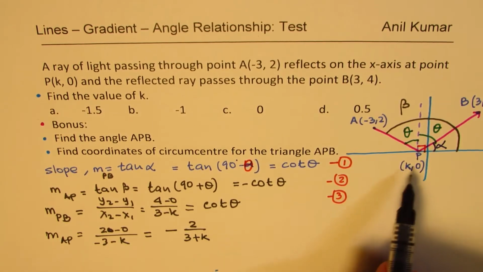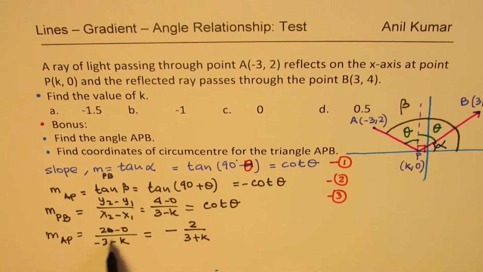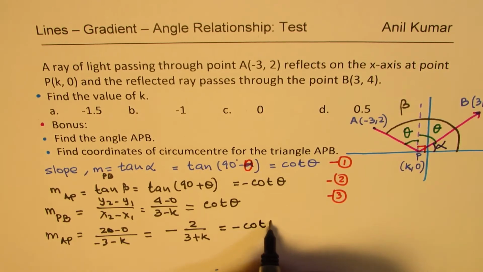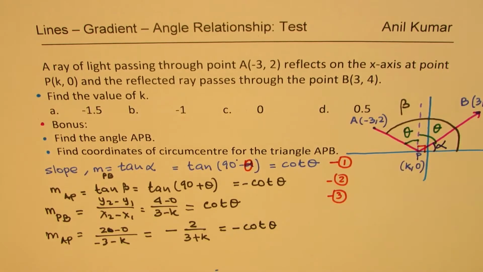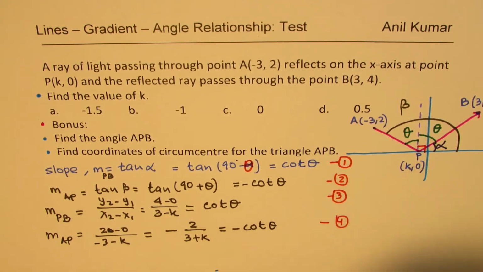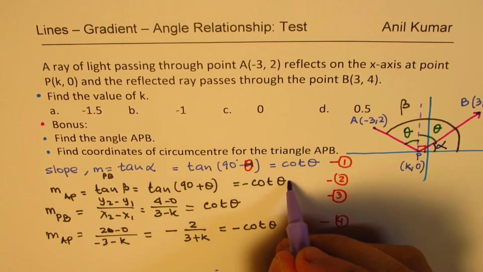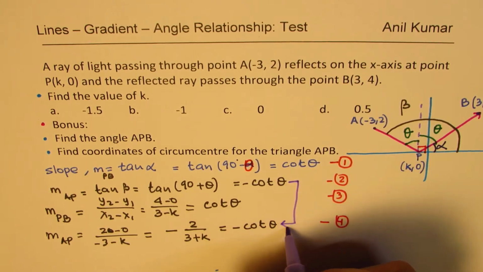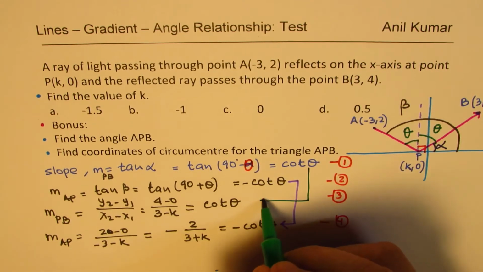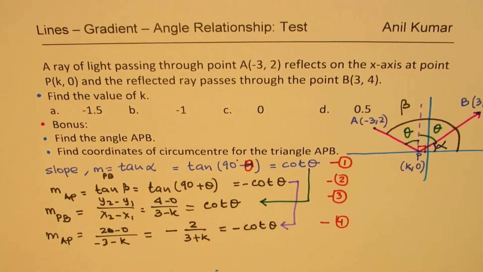Now that should be equal to minus cot of theta from 2, right? So this is from 2. And we call this our equation 4. Earlier we used this equation. Is that clear to you?